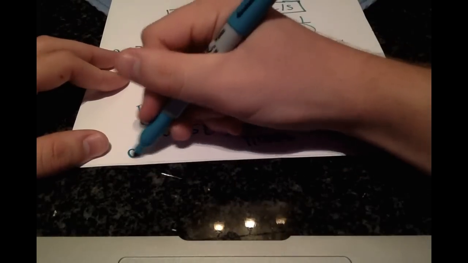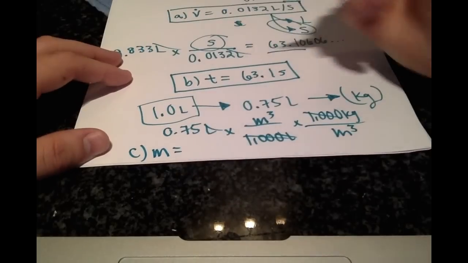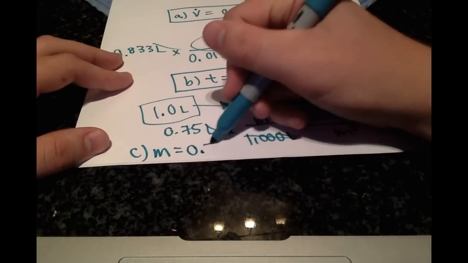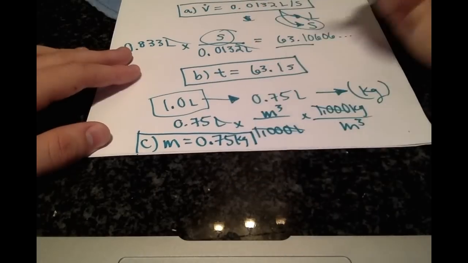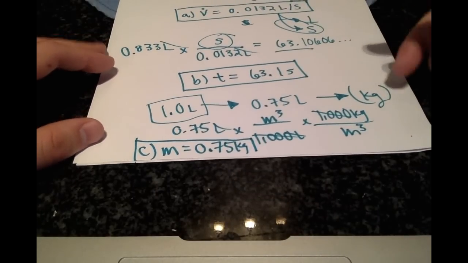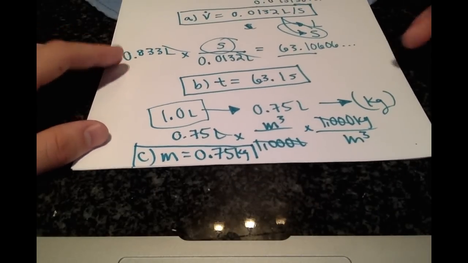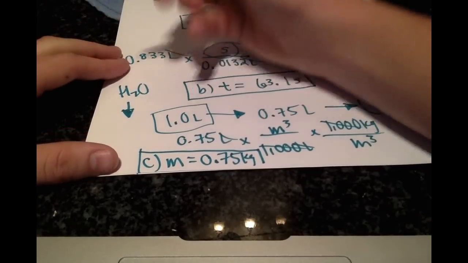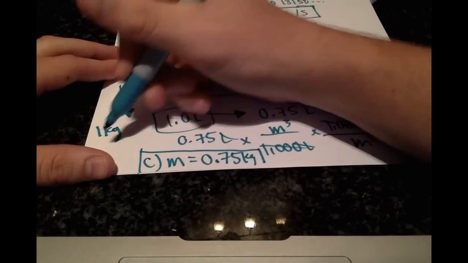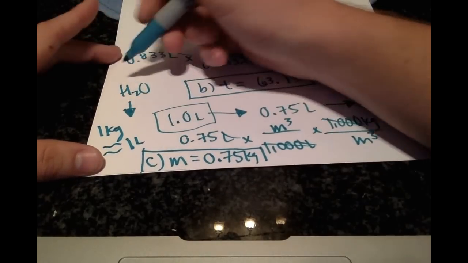So for part C, our M, our mass, ends up being the same, 0.75 kilograms. So an important thing to note for water is that most of the time 1 kilogram is approximately 1 liter.